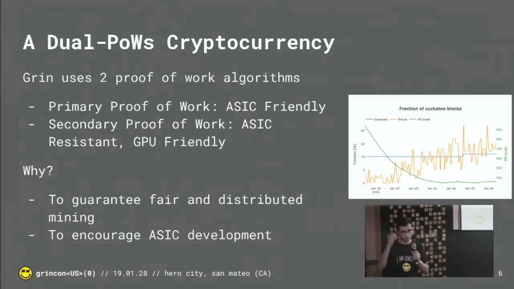The idea is that we want to have a grassroots community of GPU miners, and we also want to encourage ASIC development. But we don't want to have a centralized ASIC company mining all the Grin at the beginning. So it's a kind of middle ground between those two.